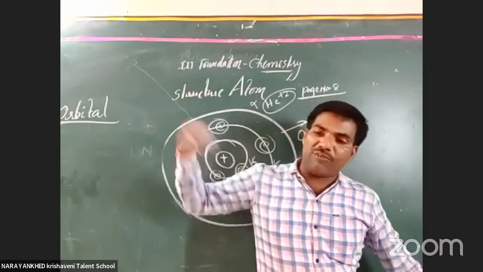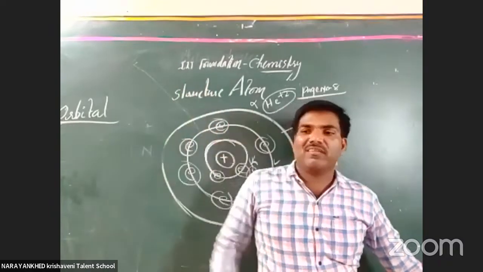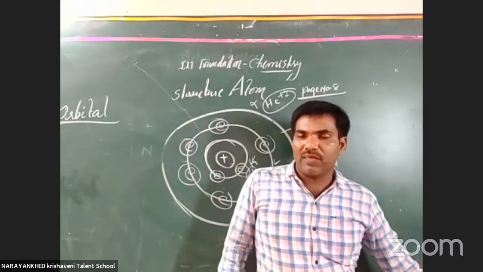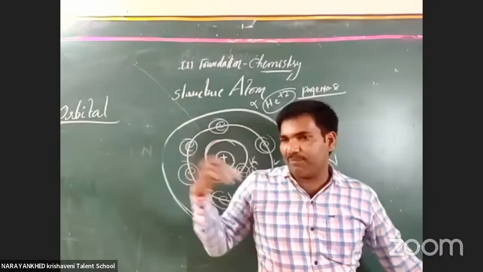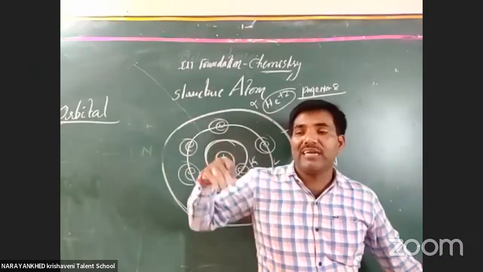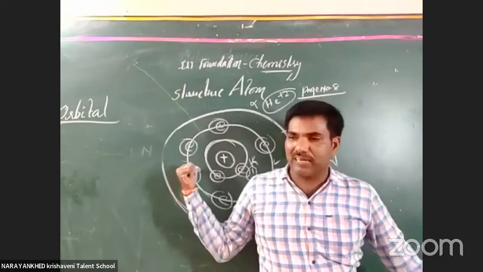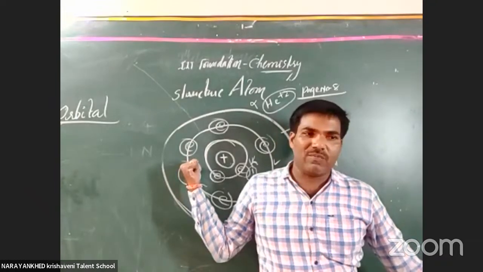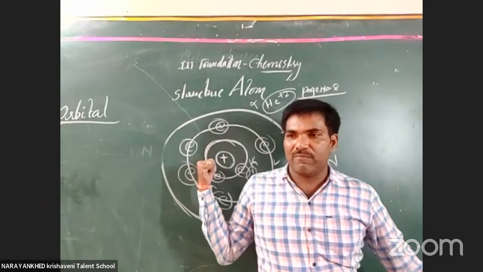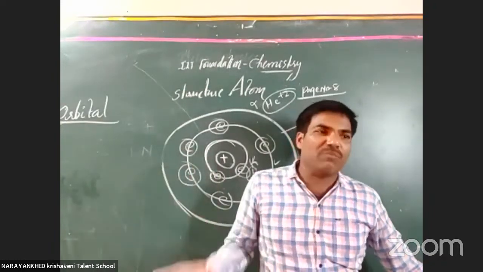One goes away from the circular path, one comes towards the center. Got it or not? Because these forces balance one another, the body moves in a circle. In case anything is unbalanced, it comes toward the center. Clear or not? Our electron also, when it stops its motion, comes toward the center.